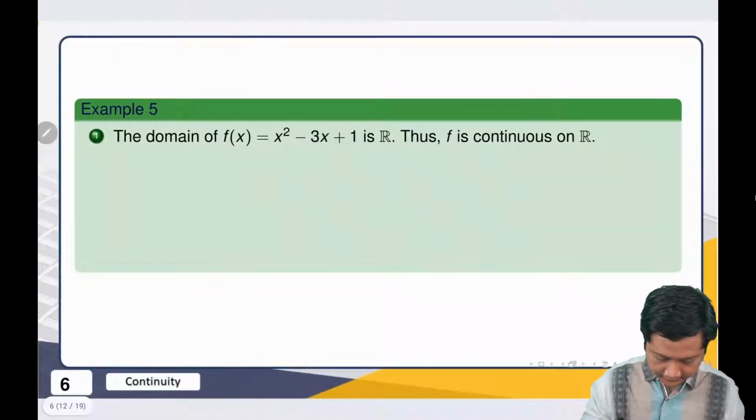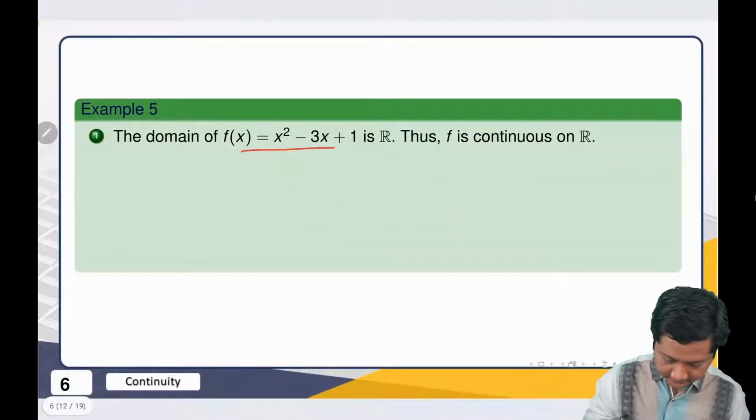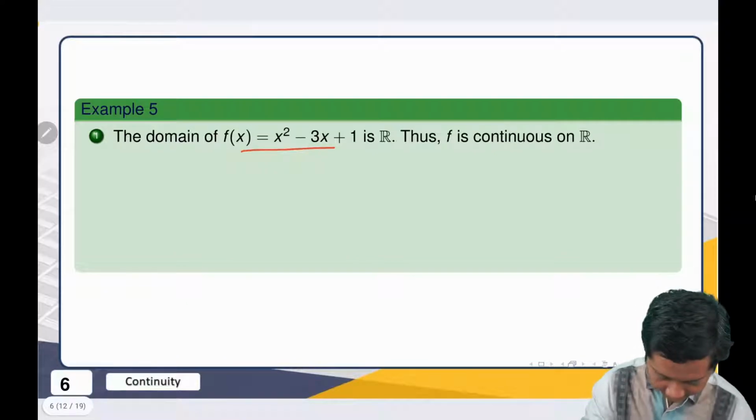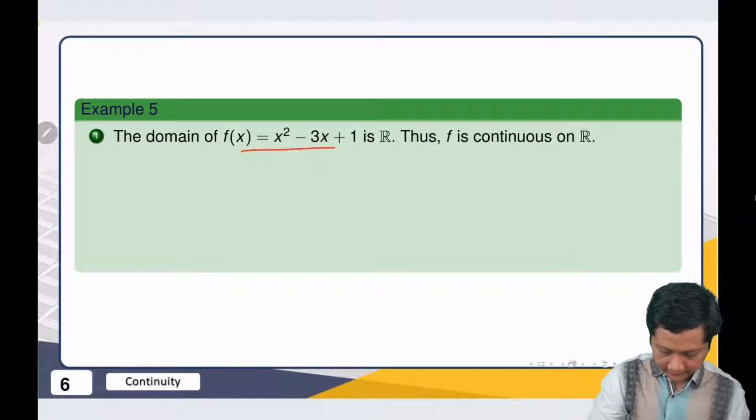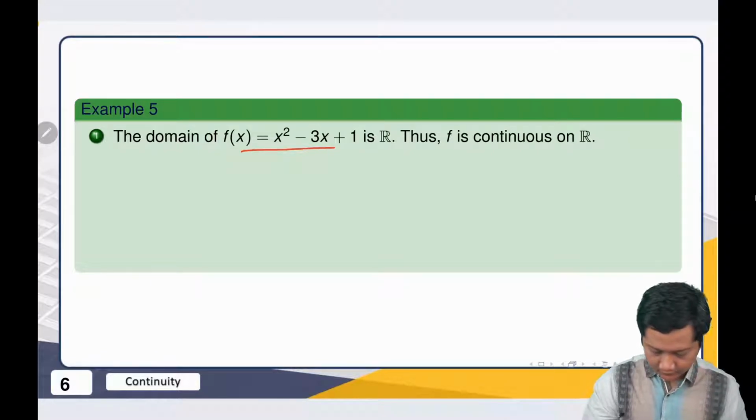So first, here we have f(x) = x^2 + 3x + 1. This is continuous on R. Why?